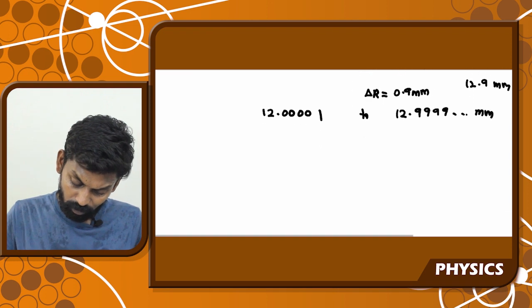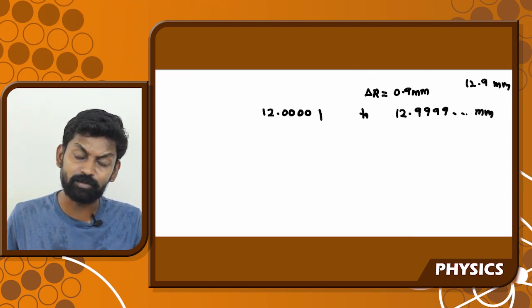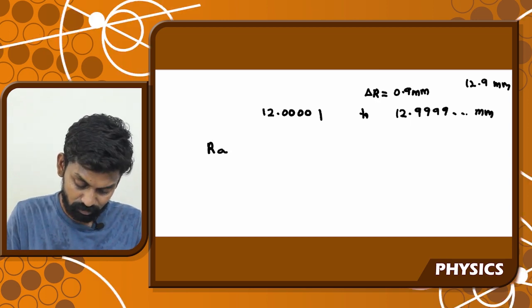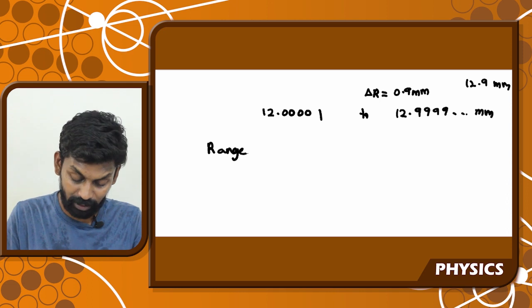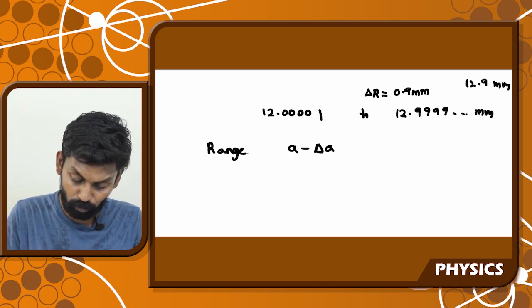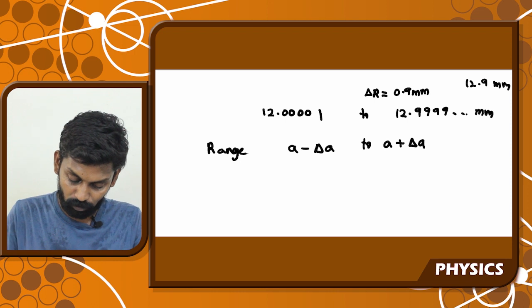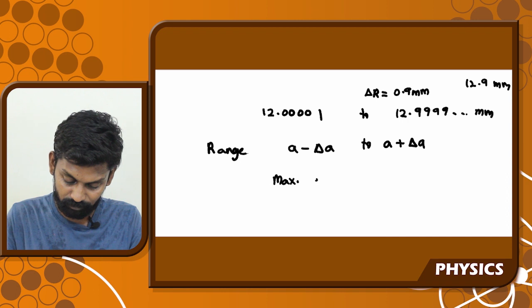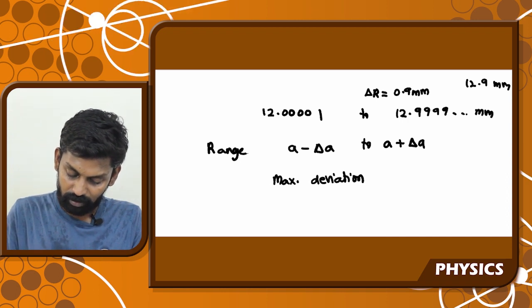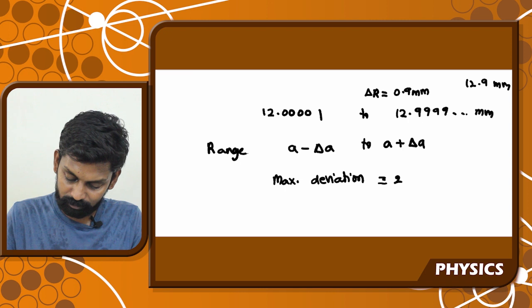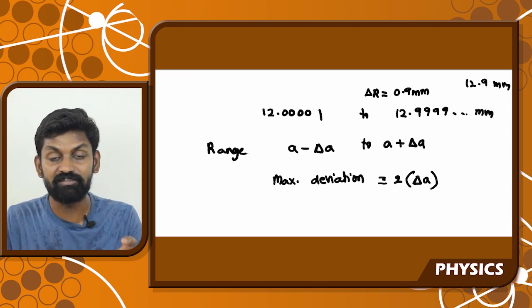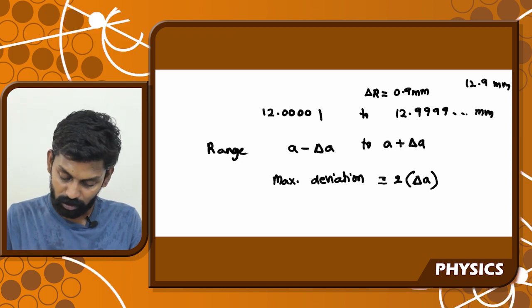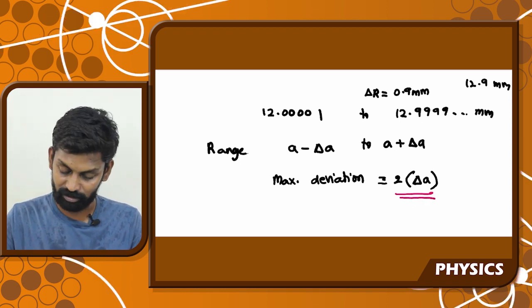So, when delta A is the maximum possible error when we are measuring a value A, the range of the values of A can be from A minus delta A to A plus delta A. So, the maximum deviation in values can be 2 times delta A. This is the maximum deviation that is possible when we are measuring using a measuring instrument. So, that is 2 into delta A is the maximum deviation.